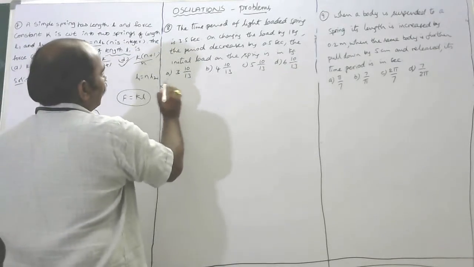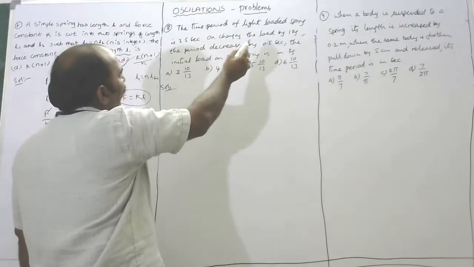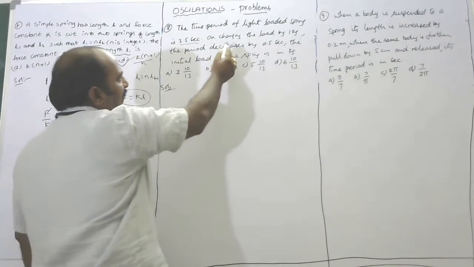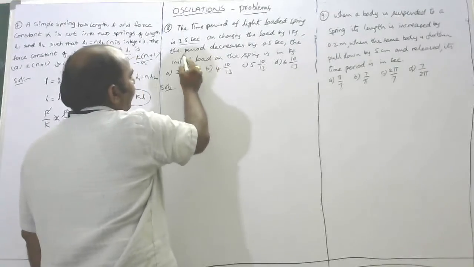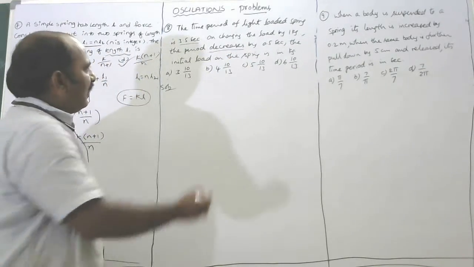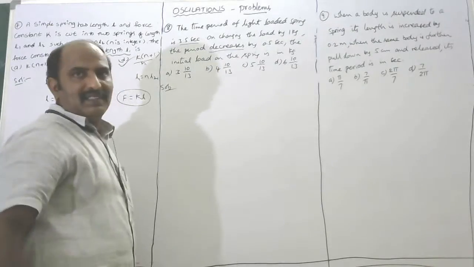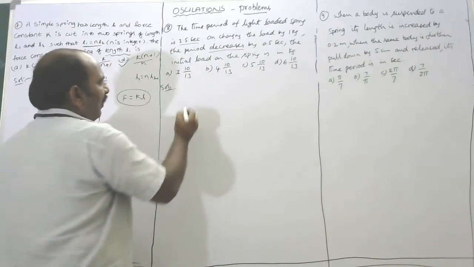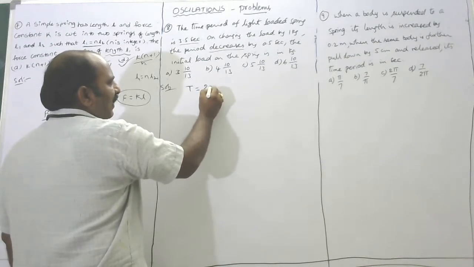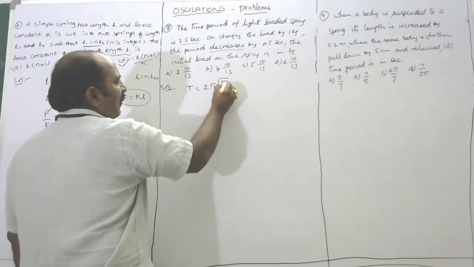Now second one. The time period of a loaded spring is 3.5 seconds. On changing the load by 1 kg, the period decreases by 0.5 seconds. The initial load on the spring is how many kg? You know the time period of a loaded spring, capital T is equal to 2 pi under root of m by k.